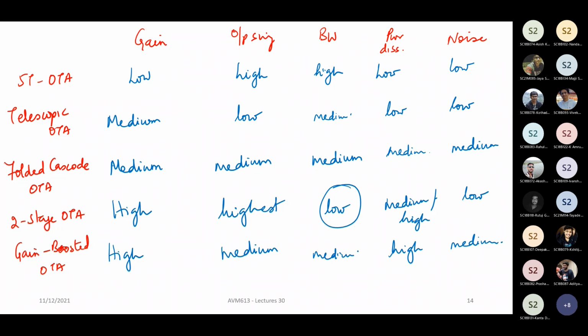All these things do happen. Input common mode range is something that we have not talked about. We know that input common mode range is the highest for folded cascode. So based on your requirement, you choose one of the topologies. With this, I'll conclude today's class.